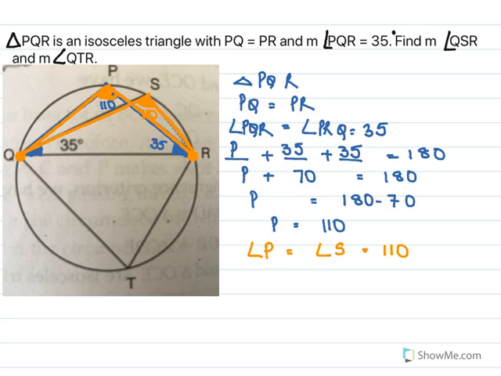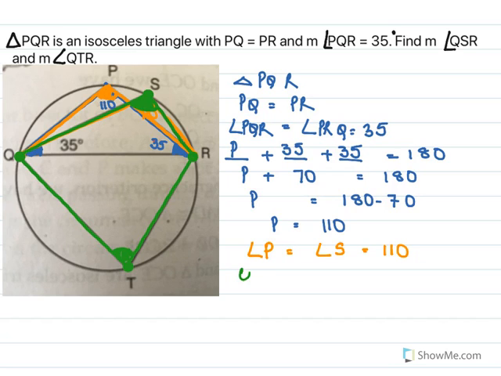Now we'll do cyclic quadrilateral. QSRP is cyclic. So here we have cyclic. And in a cyclic quadrilateral, you know the opposite angles are 180. S and T will be 180.